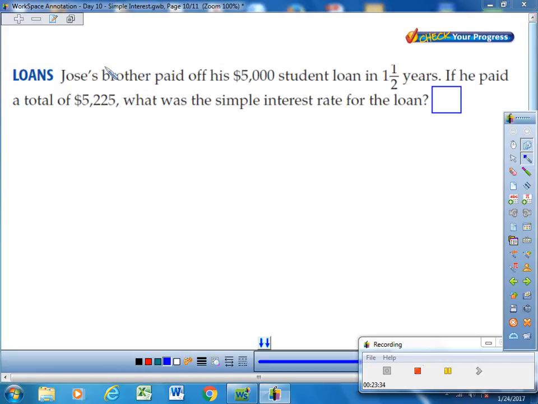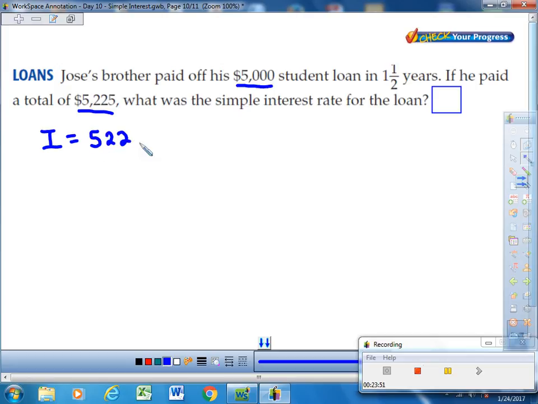Okay, you should have calculated it out. First I need to figure out how much interest. My interest was the $5,225 minus the $5,000. So total interest paid is $225.